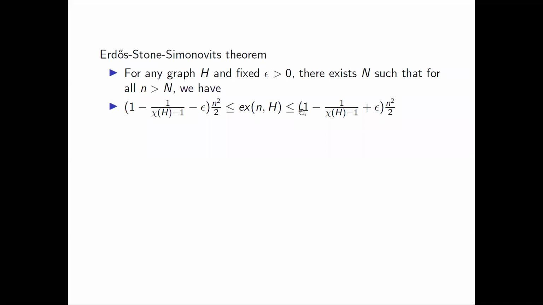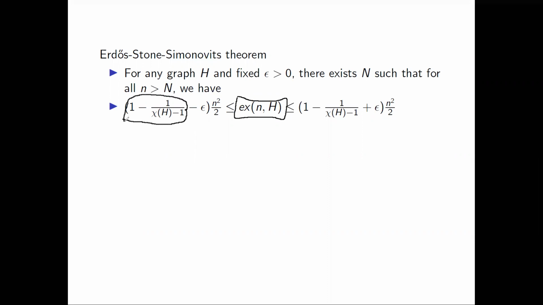So here's the bound that we get. For any graph H and fixed epsilon greater than 0, there exists an integer large N such that for all little n greater than large N, we have these upper and lower bounds on the Turan number of H, the extremal function ex(n, H). We have a lower bound of (1 minus 1 over the chromatic number of H minus 1, minus epsilon) times n squared over 2.